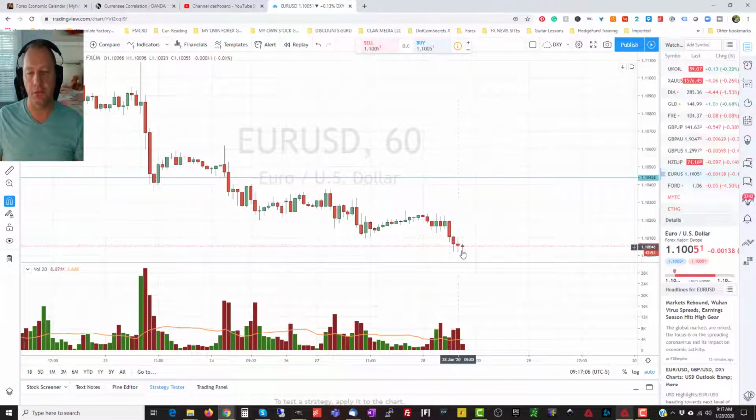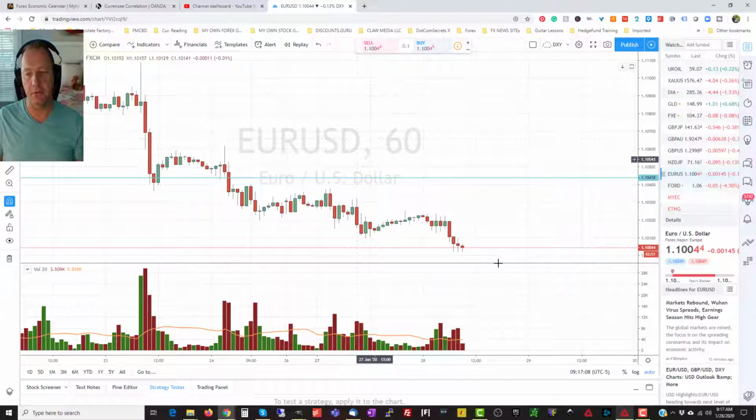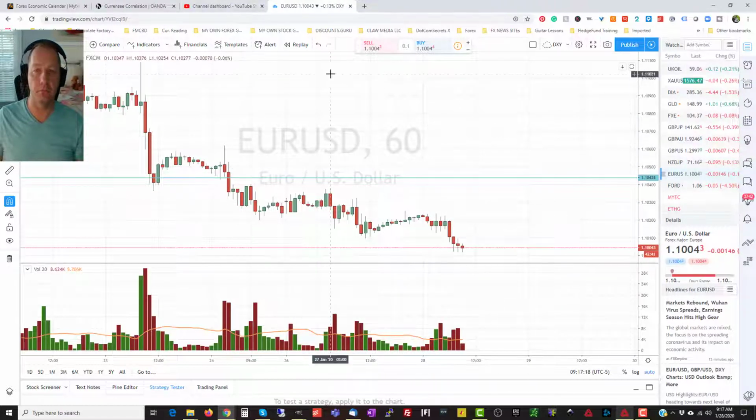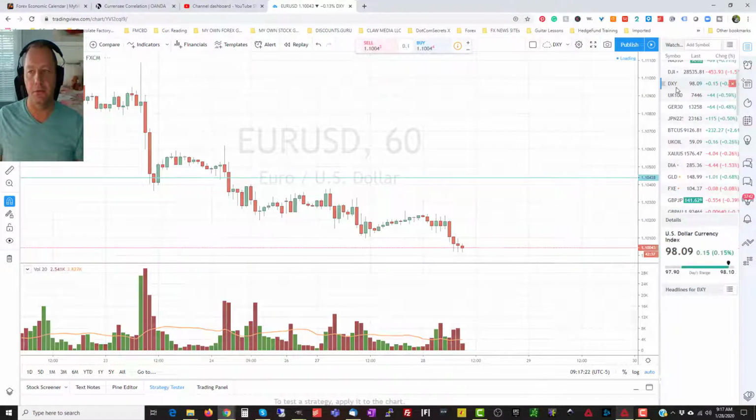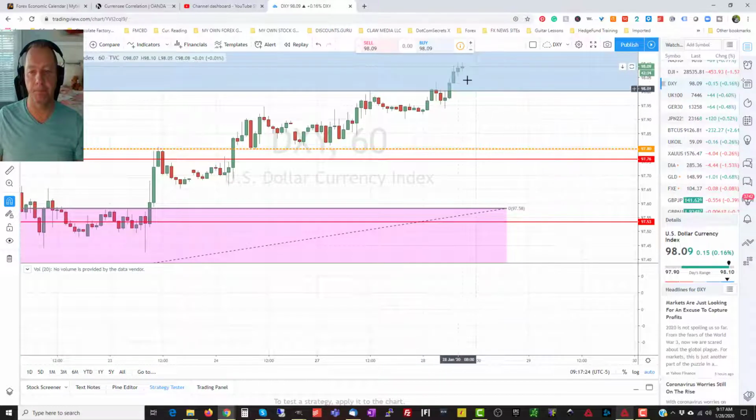So the dollar is losing strength, right? Dollar's down, euro's up. So dollar's losing strength, so we will have a move up on Euro USD because, again, dollar is due for a retracement.